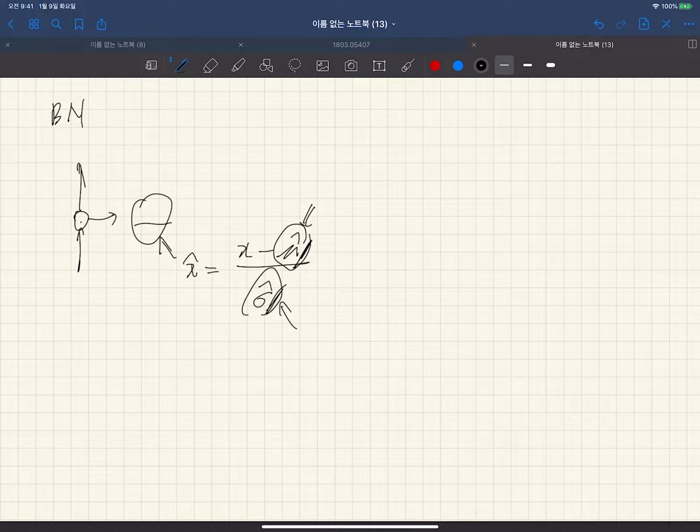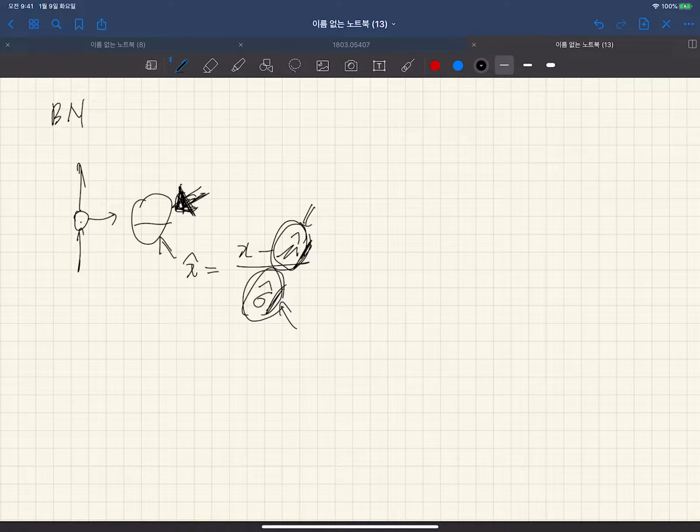So the random selection for constructing the mini batch introduces some noise, and the noise in estimating mu hat and sigma hat introduces some generalization property, right? When you take another mini batch, the data can be totally different, so mu hat and sigma hat can be totally different. Such oscillation can introduce a very nice generalization gap.